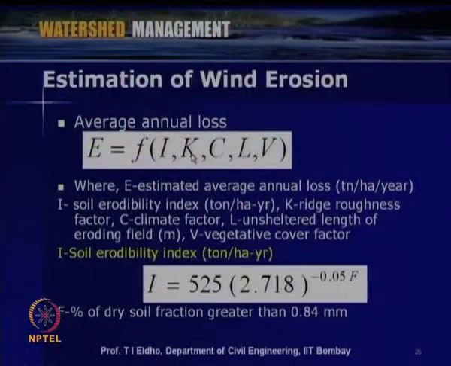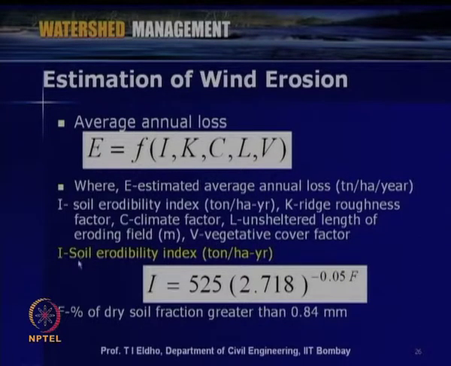For wind erosion, the average annual loss can be represented as a function: E equals f of I, K, C, L, V, where E is the estimated average annual loss in tons per hectare per year, I is the soil erodibility index, K is the ridge roughness factor, C is the climate factor, L is the unsheltered length of the eroding field, and V is the vegetative cover factor.